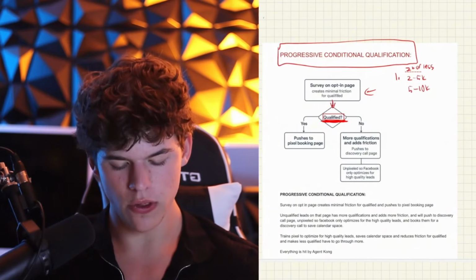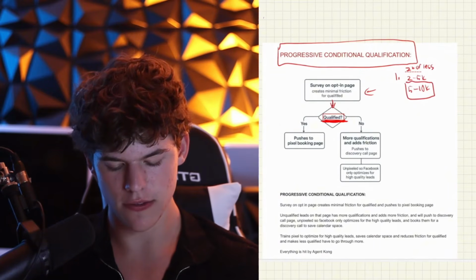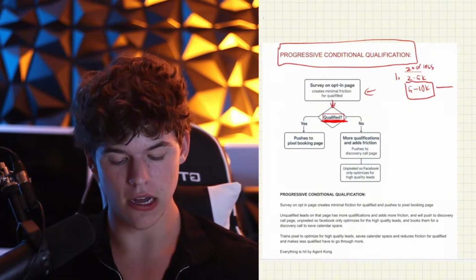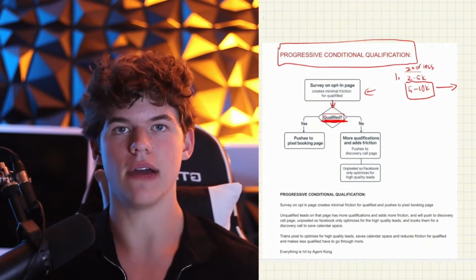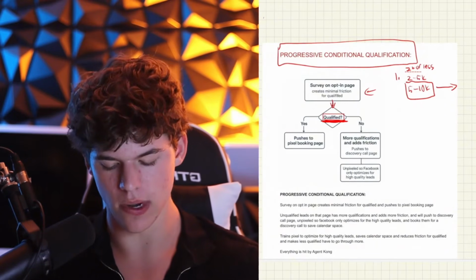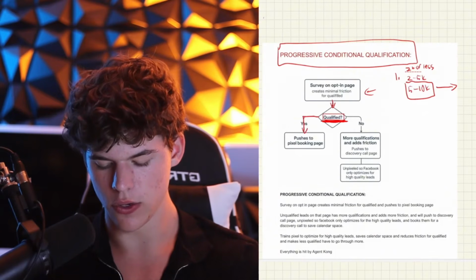The way this starts to work is you can set it so if someone puts 5 to 10K, and let's say you have a $3,000 offer, this is an automatic yes, an automatic qualified. You go top down. If they put this, no matter what else they put, they are going to be pushed through to a booking page.